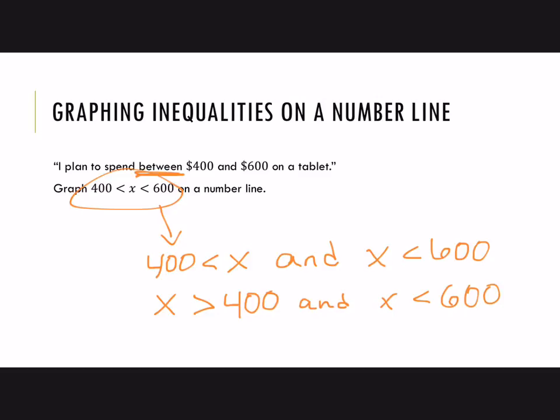So I will plot a number line as before. Here we're looking at values that are sandwiched between 400 and 600. To give a scale for this, maybe I'll go by hundreds, and maybe I'll put a few on either side.